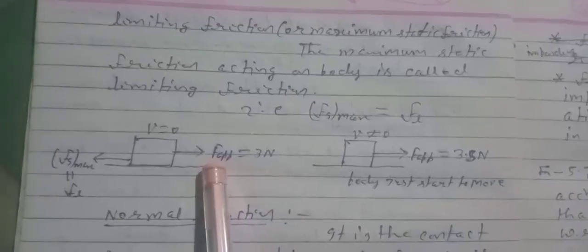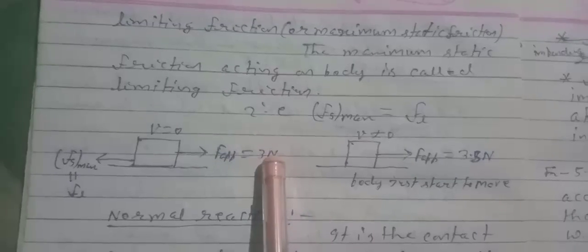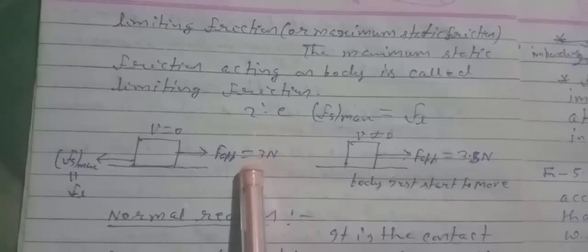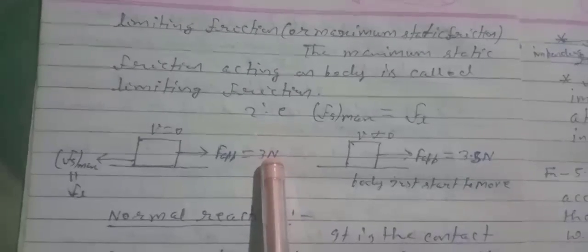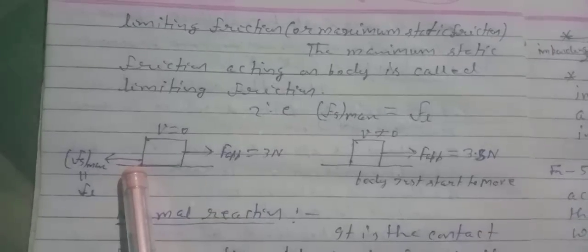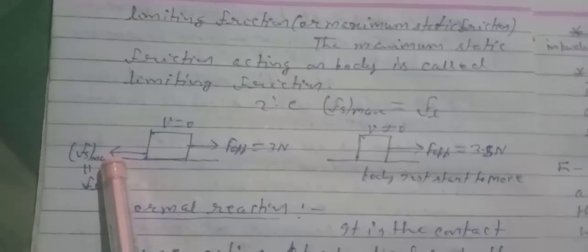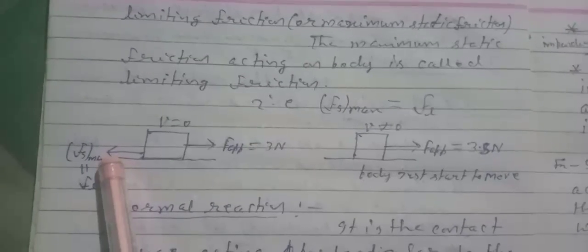And if the applied force is 3 Newton or less, the body does not move. So here the limiting force will be equal to the applied force, that is 3 Newton. Because the body is at rest, the friction force acting on the body will be the limiting force, because this is the maximum static friction, and this will be called Fl.